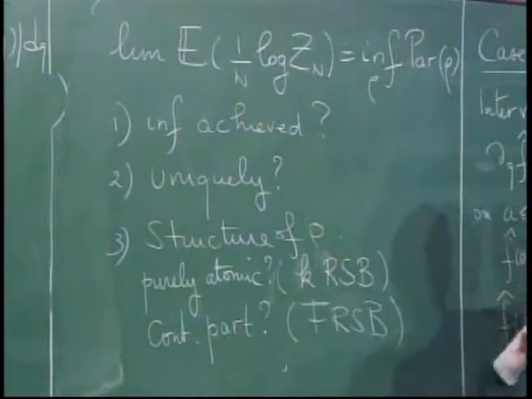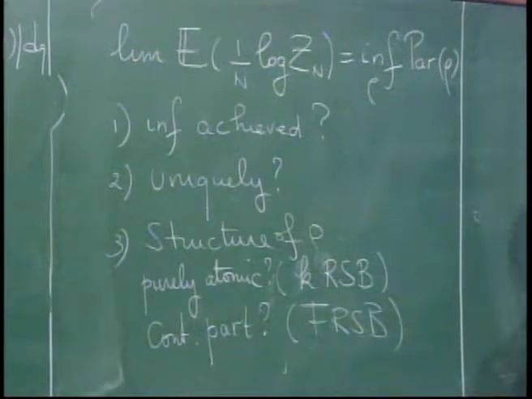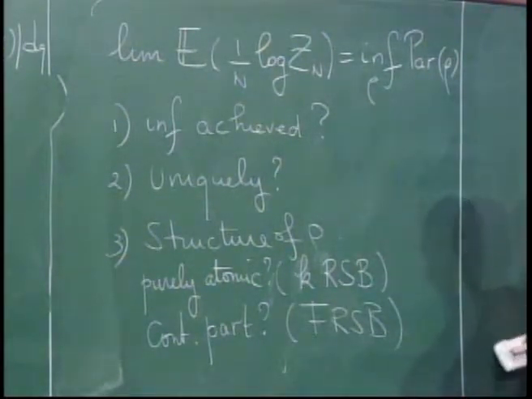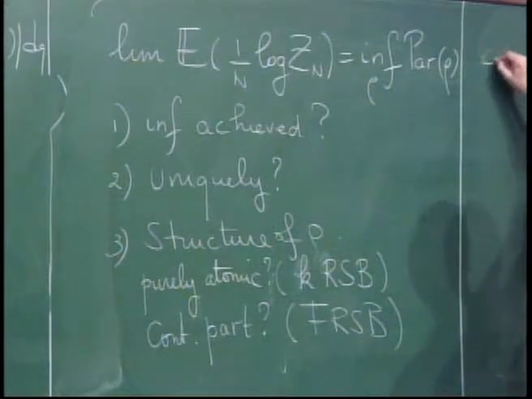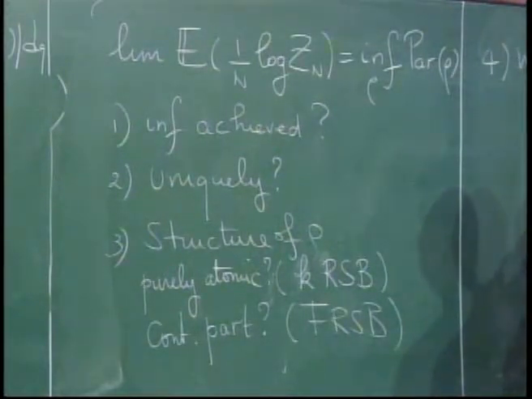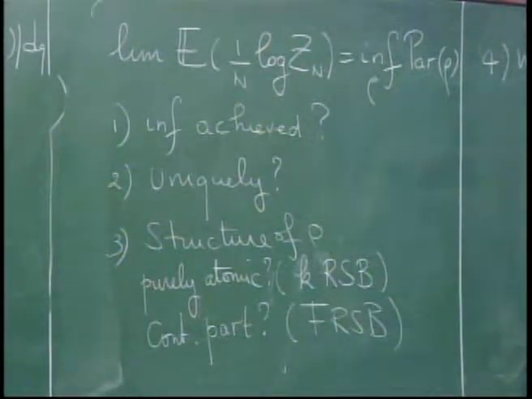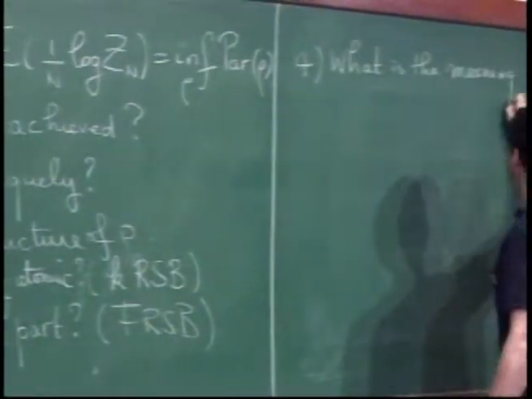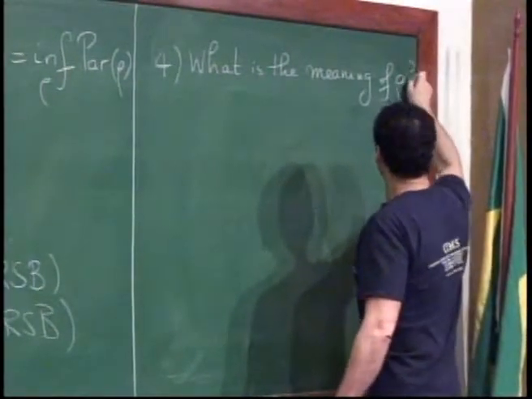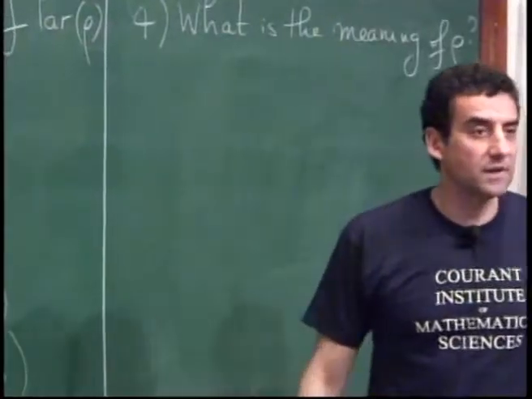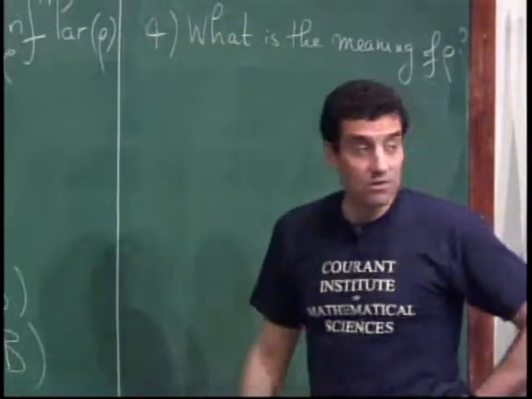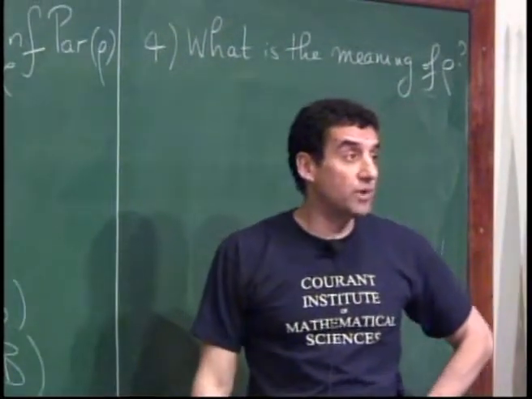But all that is good and well, but it's still not the real question. The real question is, what is the meaning of rho? Right? What is this rho? So rho, as you understand here, is seen as an order parameter.